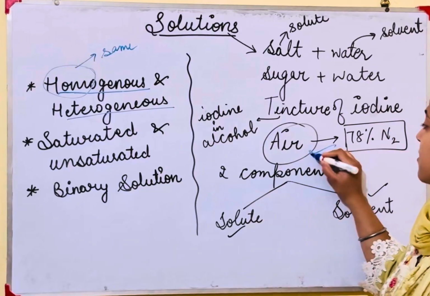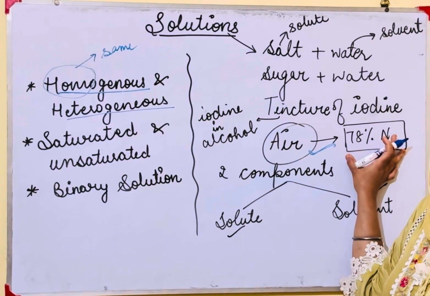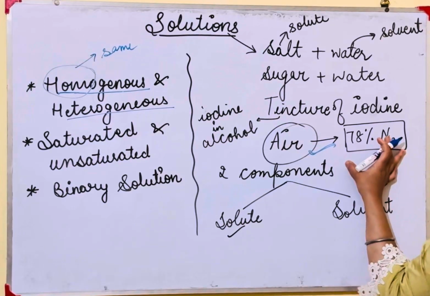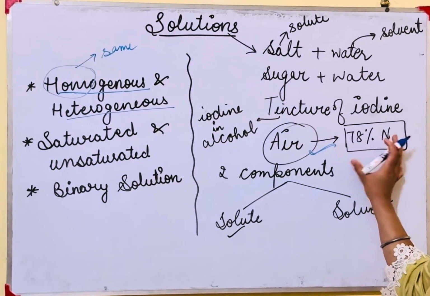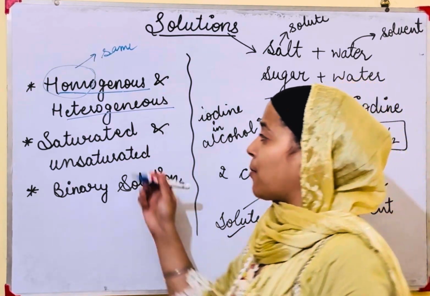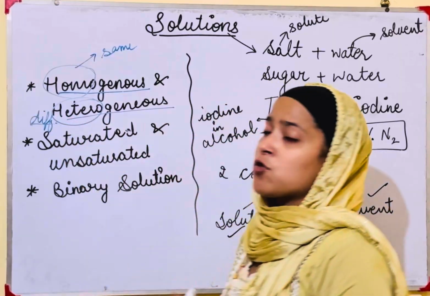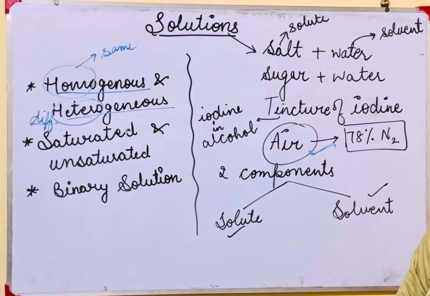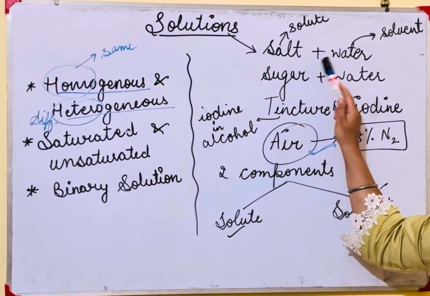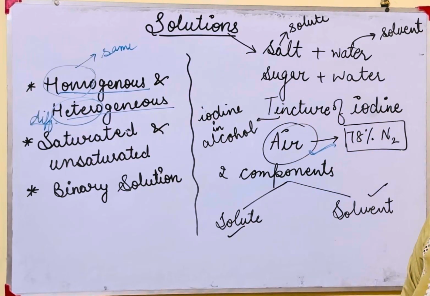For example, air is a homogeneous mixture because here the solvent is nitrogen and the solute is also gases. And heterogeneous, hetero means different. So if solute and solvent are in different phases, then it is heterogeneous. For example, salt in water. Salt is solid and water is liquid.